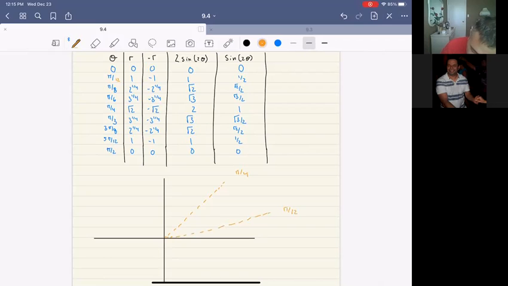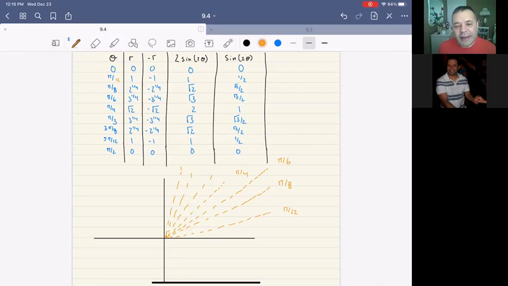Pi over 12, pi over 8, pi over 6. Okay, and I have 3 lines after as well. But it gets harder to draw those in.